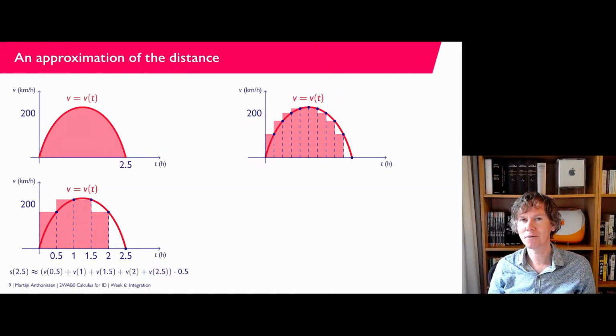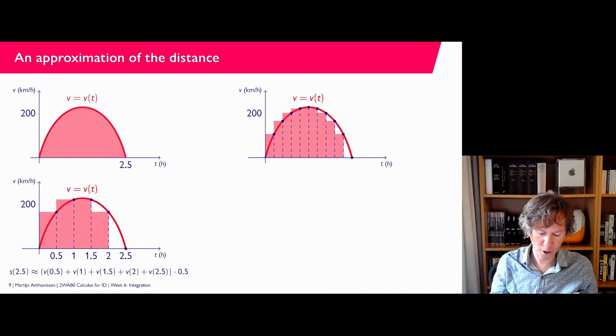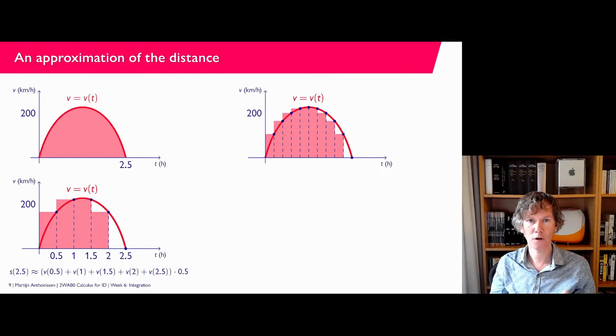This one gets better, and it probably won't come as a surprise to you that we're going to shrink the time interval, the time between two measurements. We're going to let it shrink to 0. And then we are going to find the exact area.